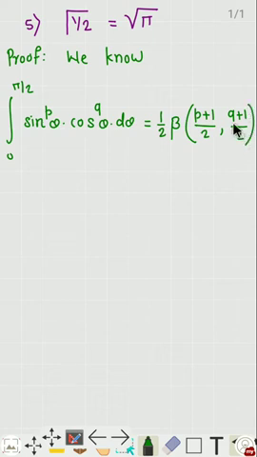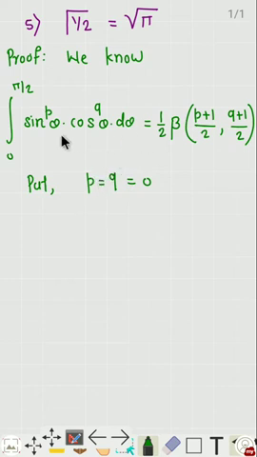In this property we use the substitution p is equal to q is equal to 0, means we put the values of p and q as 0.